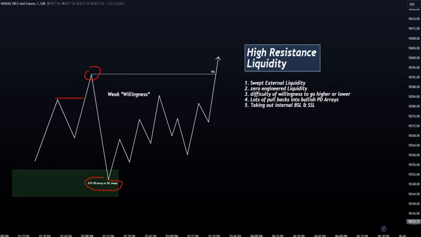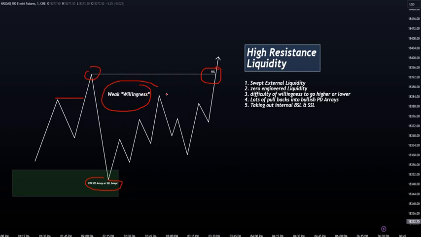We had not generated any engineered liquidity, and we had swept external liquidity. So because we swept external liquidity at the highs, and this is our new swing high, this is our only target. On the way up, there is no other liquidity point for us to mitigate. So it is going to have a hard time, or it's not going to have the willingness to go any higher to this buy side liquidity level.